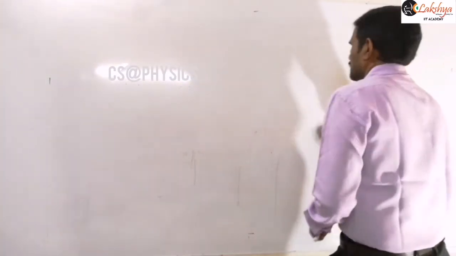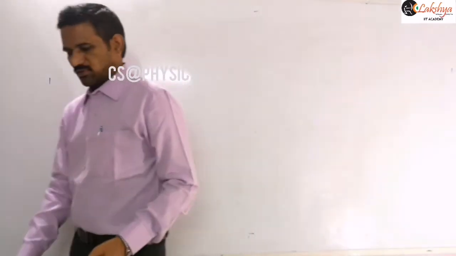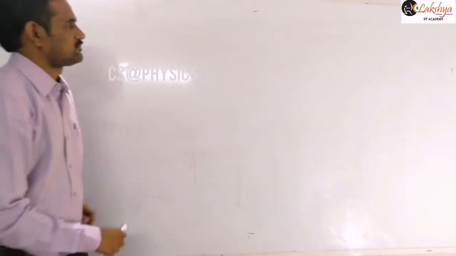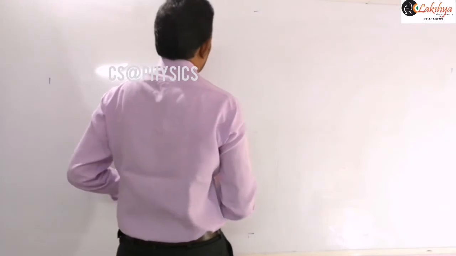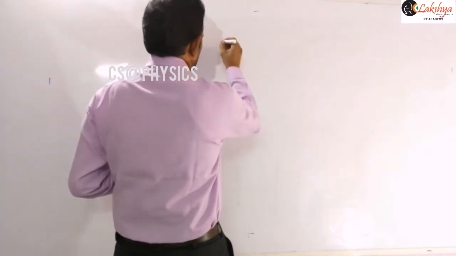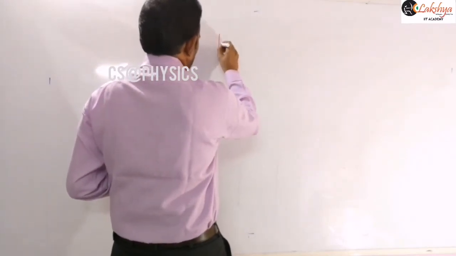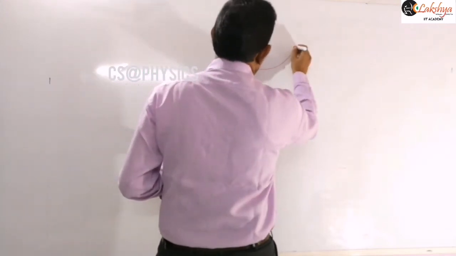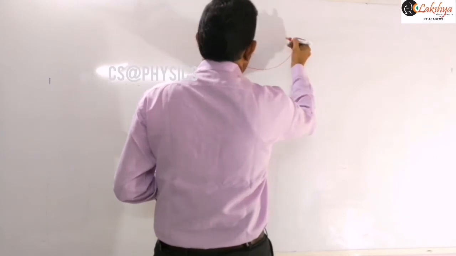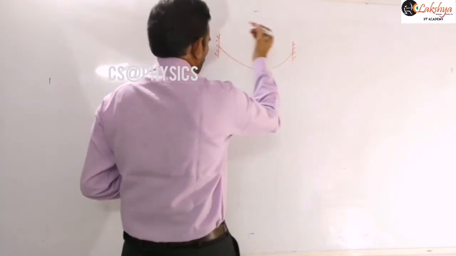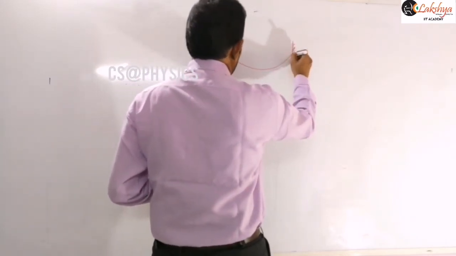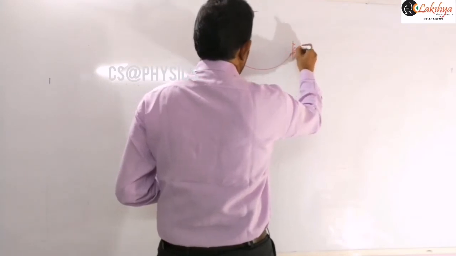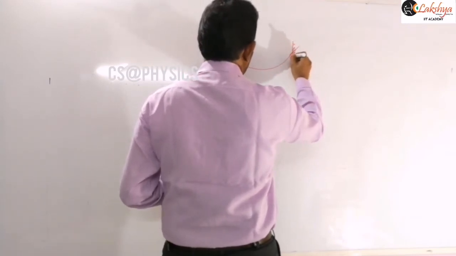Now let us take another example, like a string is suspended like this. I am taking a string having some mass m, suspended like this. Sometimes they will give it as a chain or a string. So it is suspended like this, such that this end makes an angle theta here.